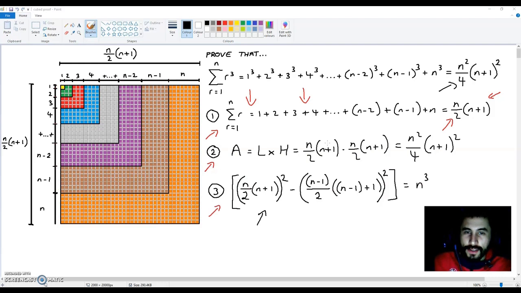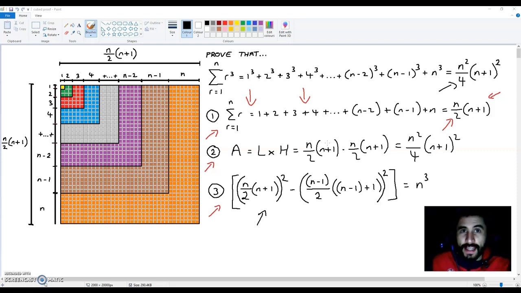Let's find out how to write this down algebraically, getting the whole square and then subtracting the brown square from it. Well, we know that the area of the whole big square is in fact n squared over 4 multiplied by n plus 1 squared.